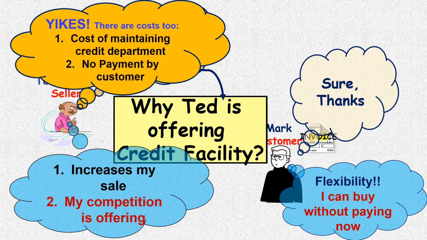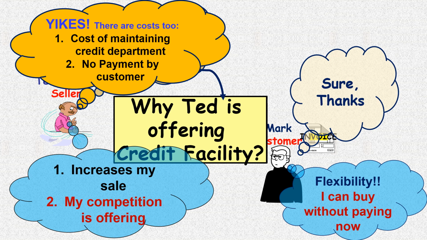However, it comes with cost to the seller. For example, one cost would be the cost of maintaining a credit department. Now, the job of the credit department is to assess whether the customer will be able to pay or not. So somebody there has to monitor the customers and run some financial background checks whether they will be able to pay or not.